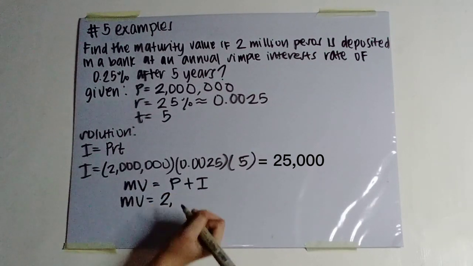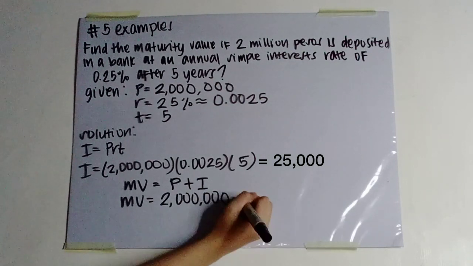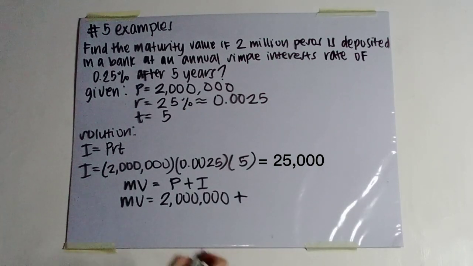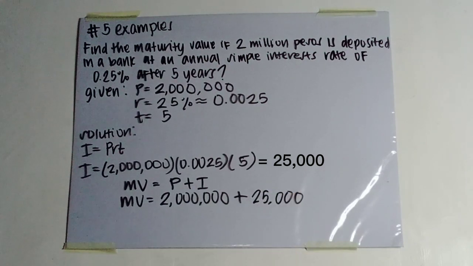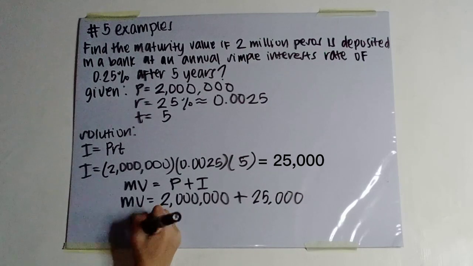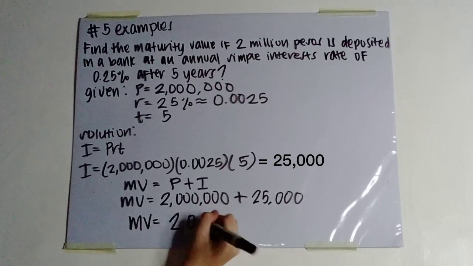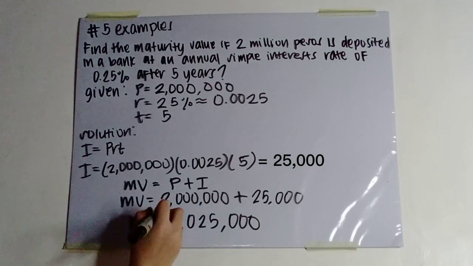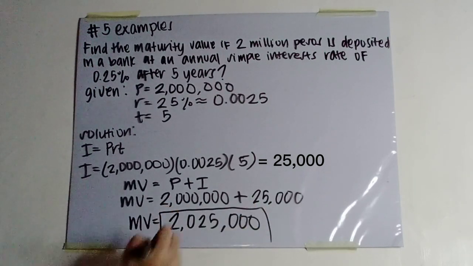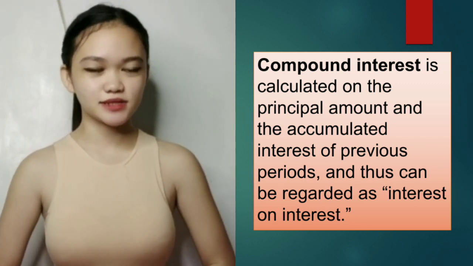So the principal is 2 million pesos plus interest, 25,000 pesos. So 2 million pesos plus 25,000 pesos equals 2,025,000 pesos. So the maturity value is 2,025,000 pesos.